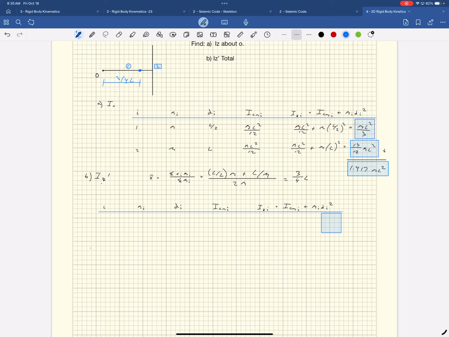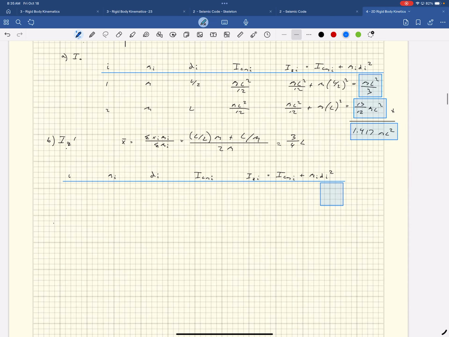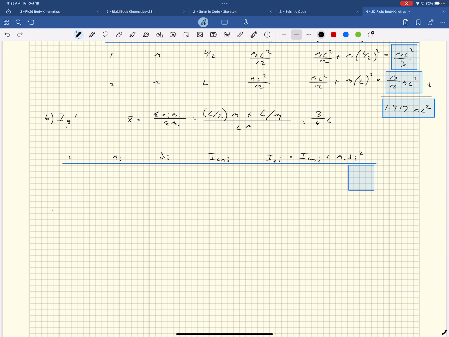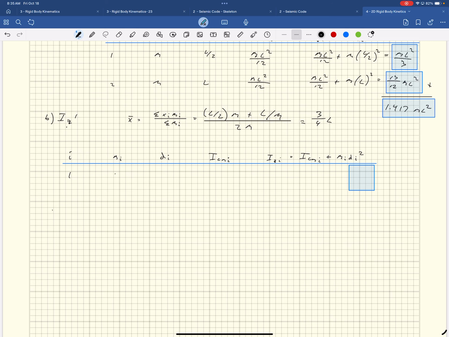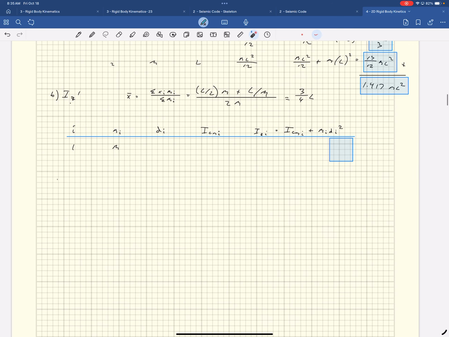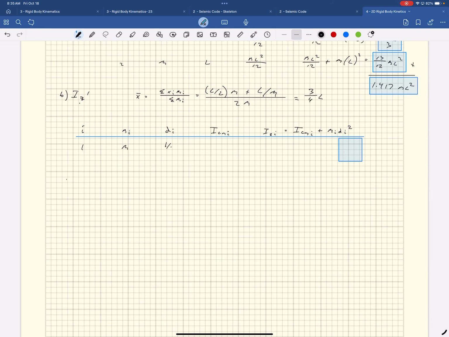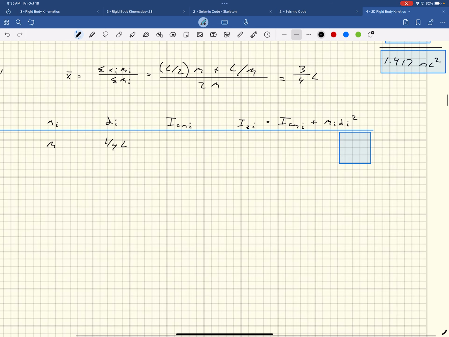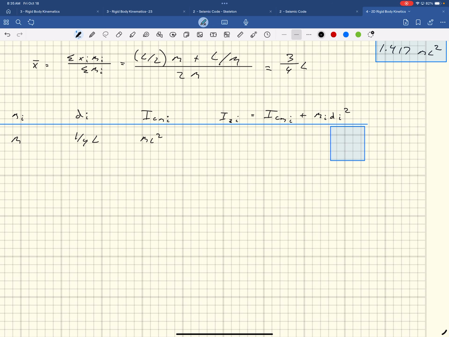Now that I have that, I can come down to my table here and work that out. We do the first object. The mass is M. The distance d is now between the center of mass of each individual object and the new center of mass that we just found. So it'd be between here and here. That's the distance that goes in there, and that should be 1/4 L. The I about the object's center of mass is ml squared all over 12.